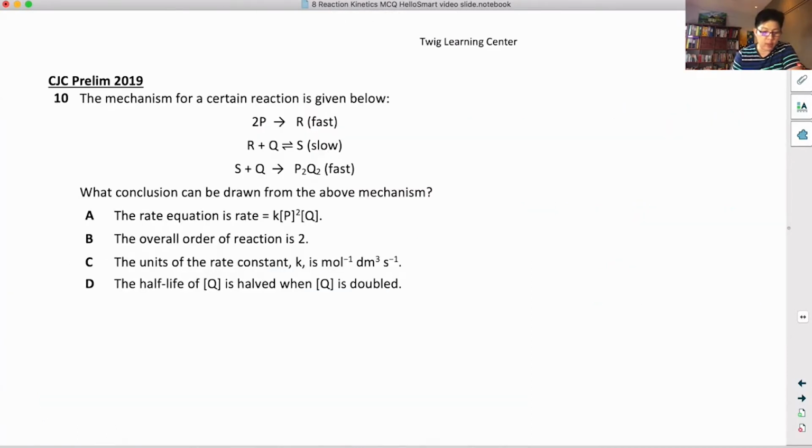Okay, let's look at question 10. Let's look at the rate equation. You have to look at the slow step.